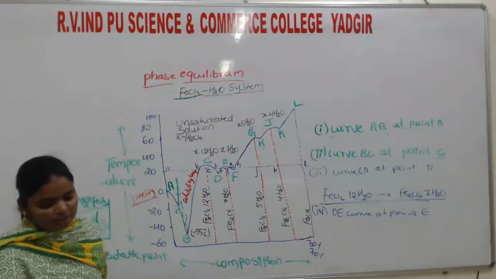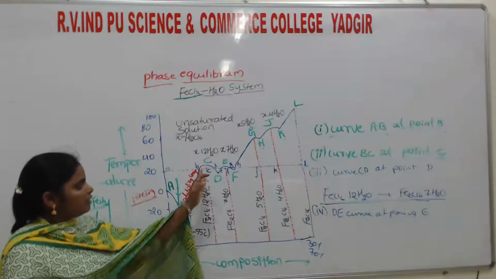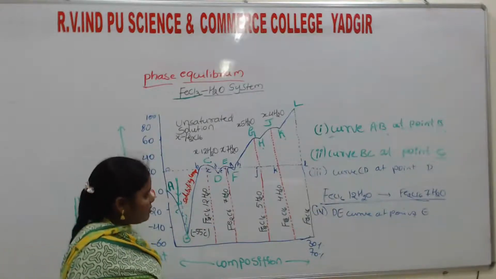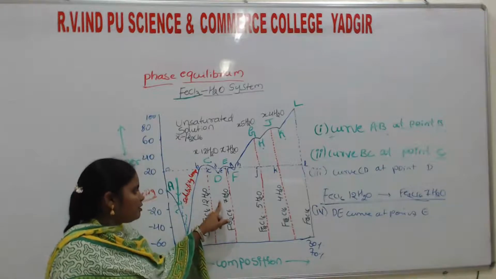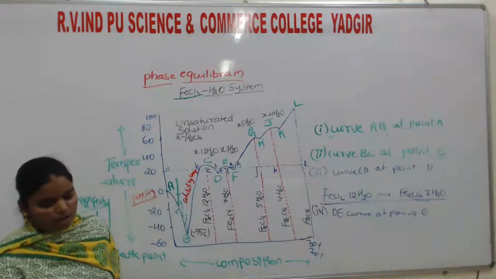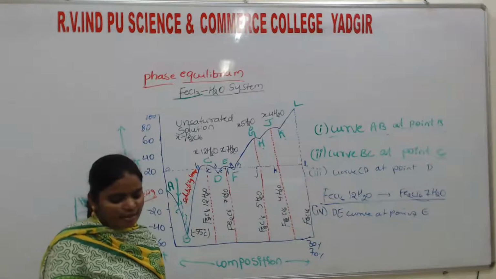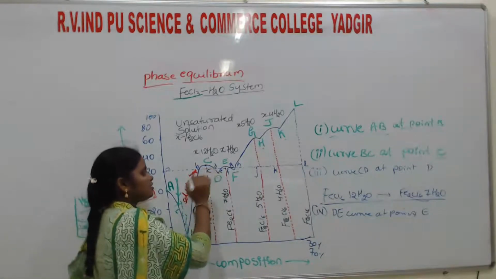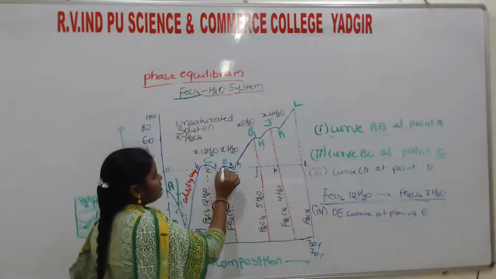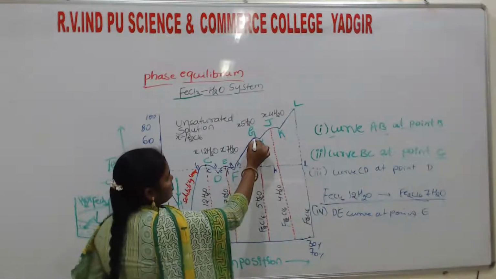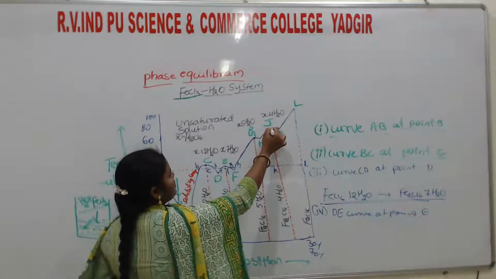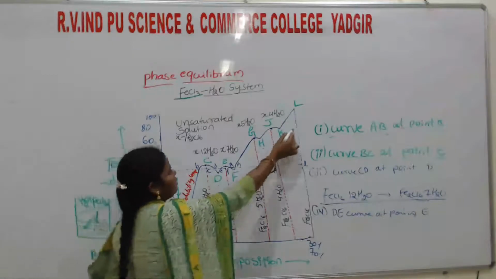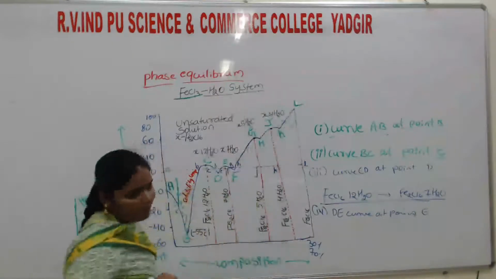The curve EF is the melting curve of ferric chloride 7H2O, and point E is the congruent melting point. C, E, G and J are congruent melting points, and these others are the eutectic points.